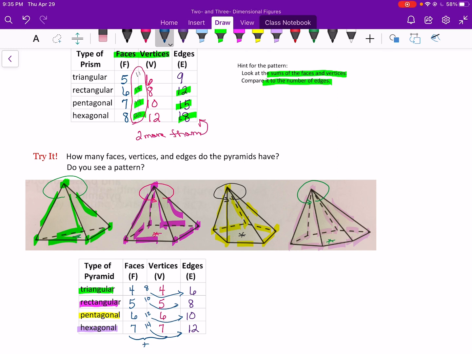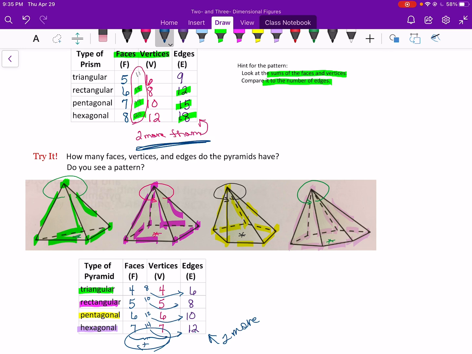There are 2 more edges than there are, if you add 2 to the edges, you get the sum of the faces and vertices, just like we did on the prism. So it doesn't matter if you have a prism or a pyramid.